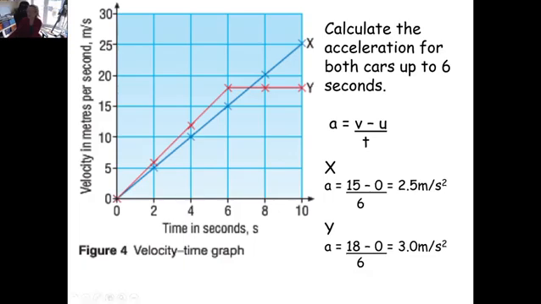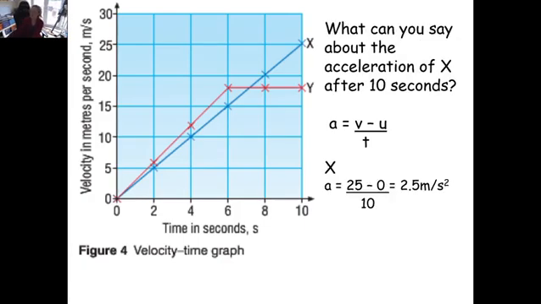Car Y, on the other hand, I've estimated that to be about 18 meters per second, its final velocity. Again, its initial velocity was 0, so 18 minus 0 is 18, divided by 6, and that gives us 3 meters per second squared.